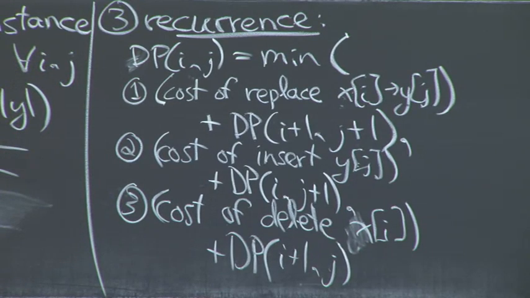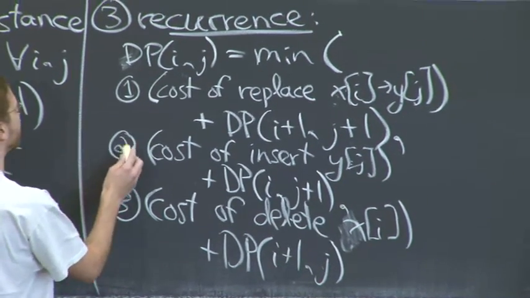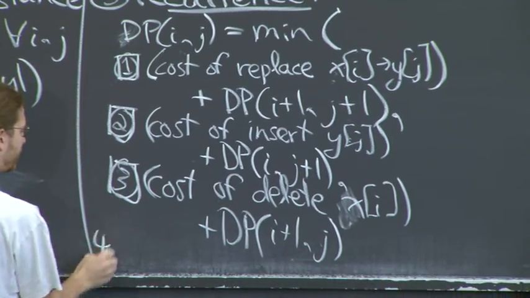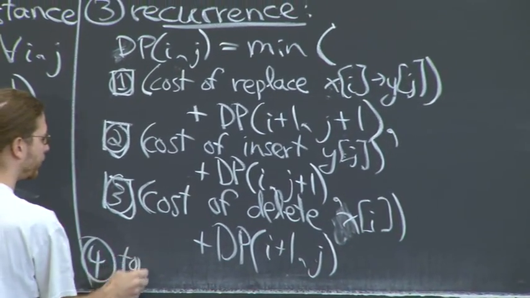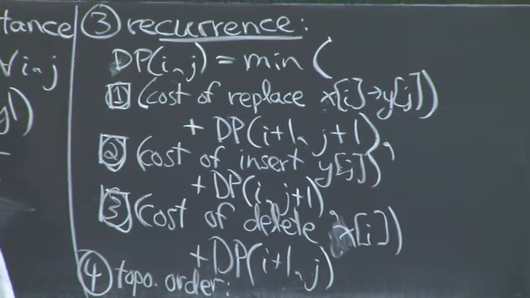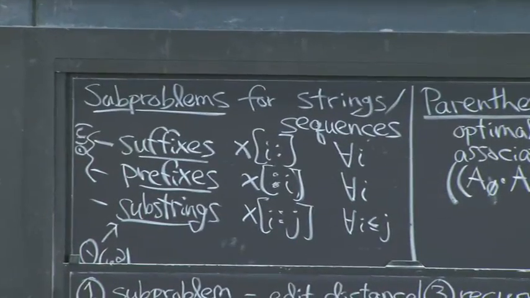And indeed, if you want to jump to step 4, which is topological order, sorry, I reused my symbols here. So different symbols. Then back to step 4 of DP, topological order. Well, these are suffixes. And so I know with suffixes, I'd like to go from the smaller suffixes, which is the end, to the beginning.